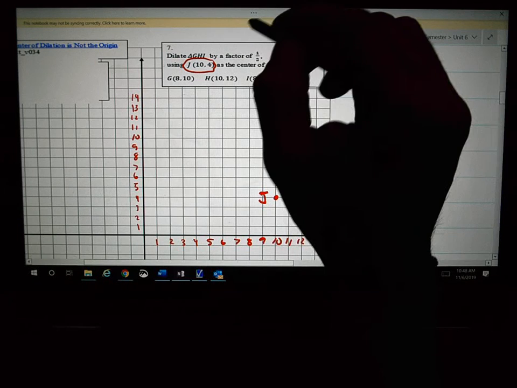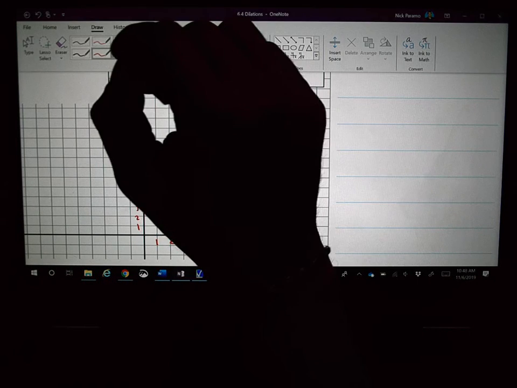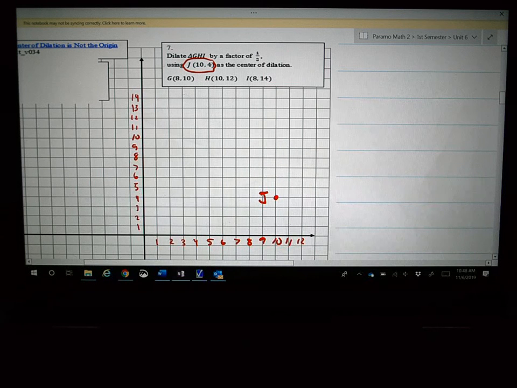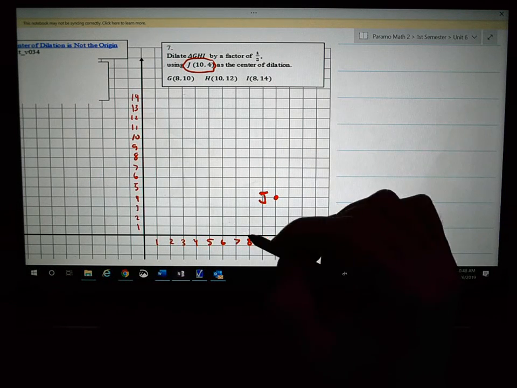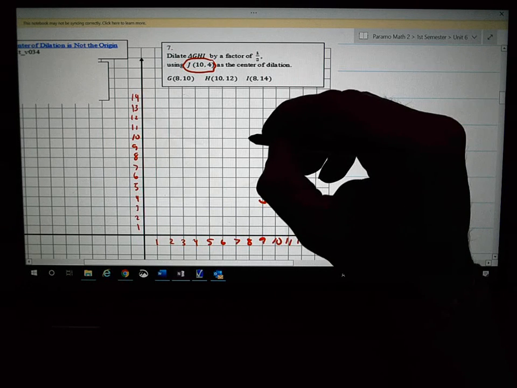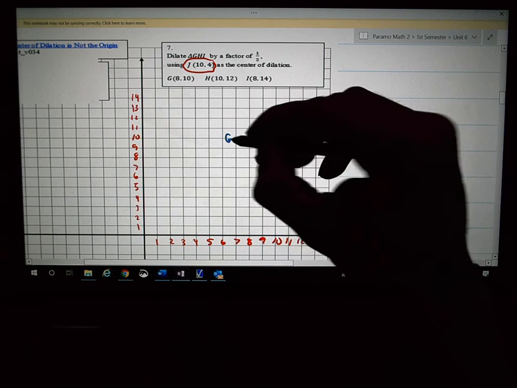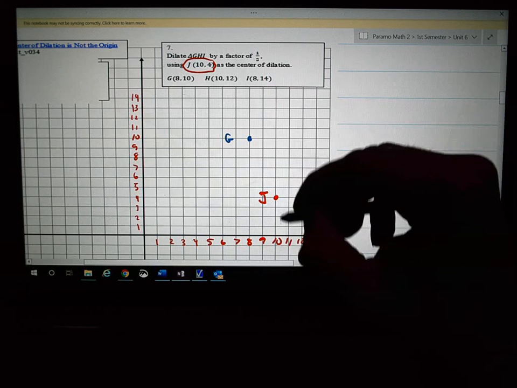I'm going to switch to a different color. And then I'm going to plot G, H, and I, and I'm going to put those points down and label them. G is 8, 10. H is 10, 12.